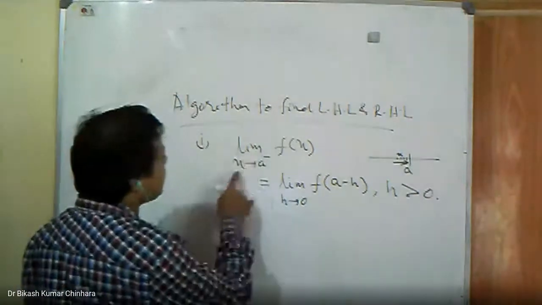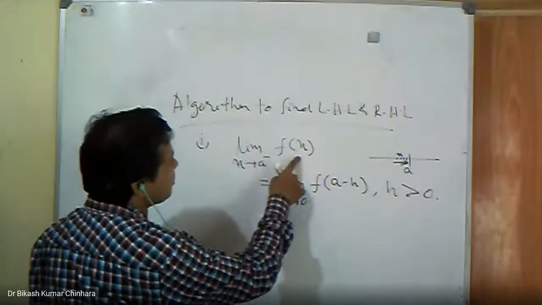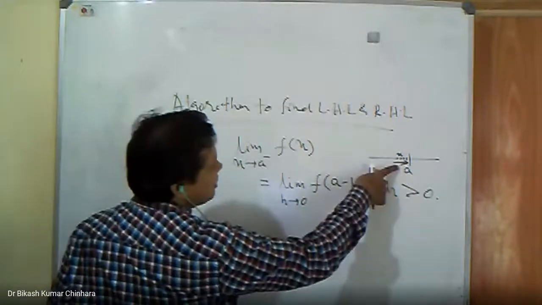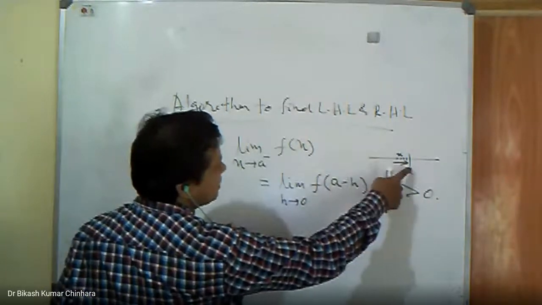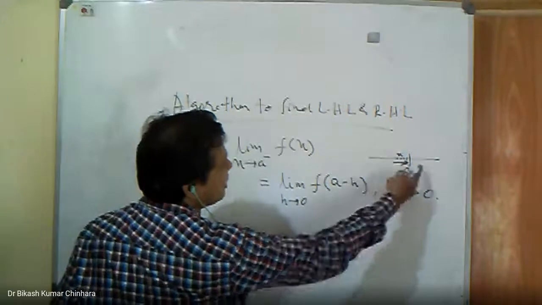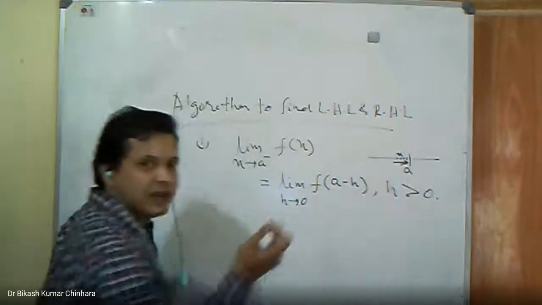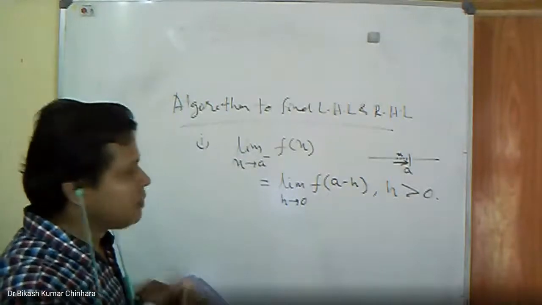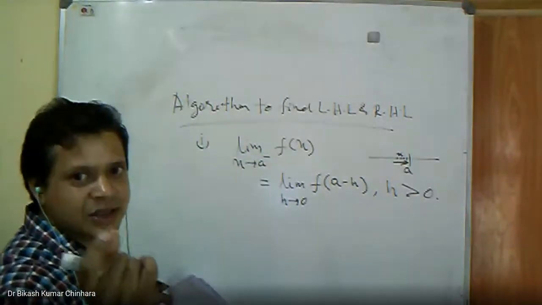So see, whenever I am writing limit x tends to a minus of f of x, geometrically it says that you are placing your x a little left to a. How much little? I have to specify. Suppose I am specifying that little quantity as h, a positive quantity.